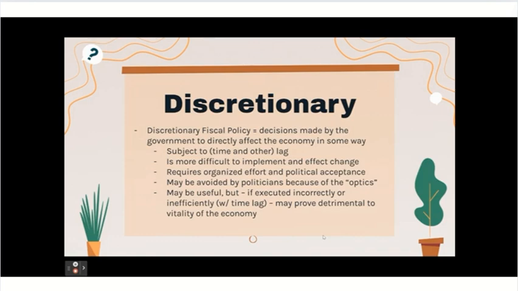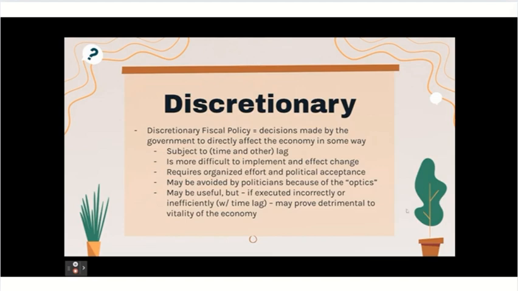So if by the time that policy starts to actually work, the economy has already fixed itself, then it's going to overcorrect. The discretionary fiscal policy will overcorrect the economy and send it way too far in the other direction. So it'll be too contractionary, and it'll send us down into a recession instead.